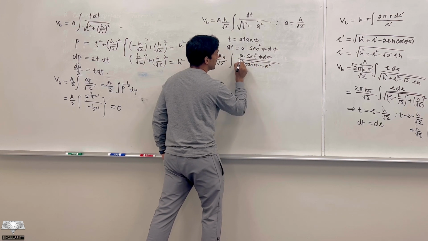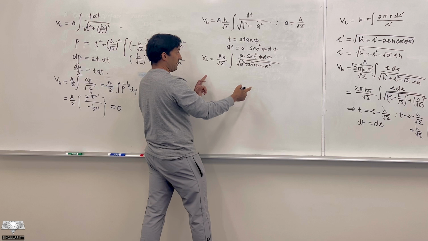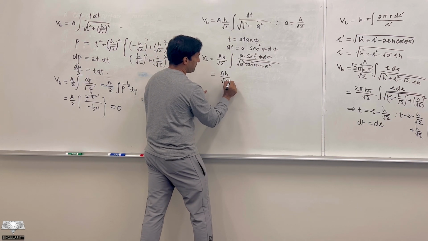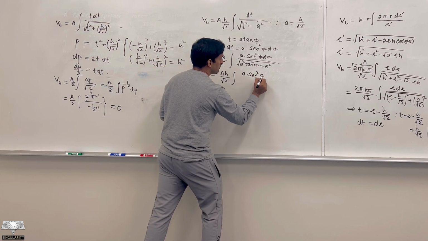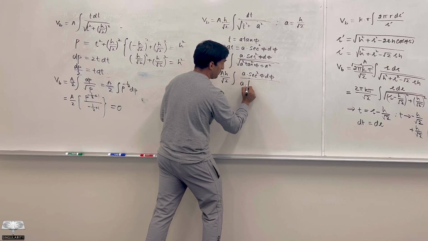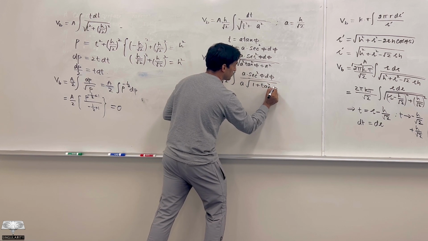You can take a square common, and since we have a square root over the entire term, this will become a secant square phi d phi divided by a into the square root of 1 plus tan square phi.